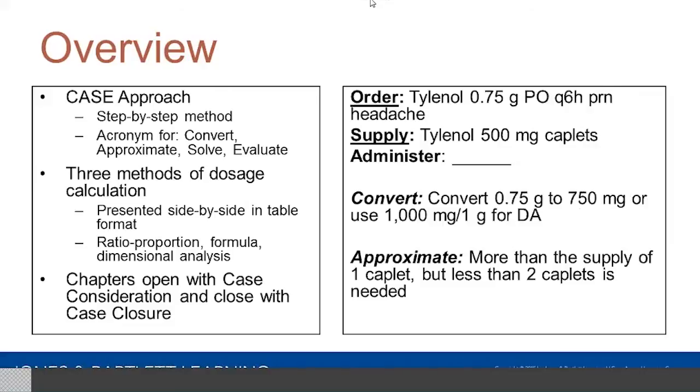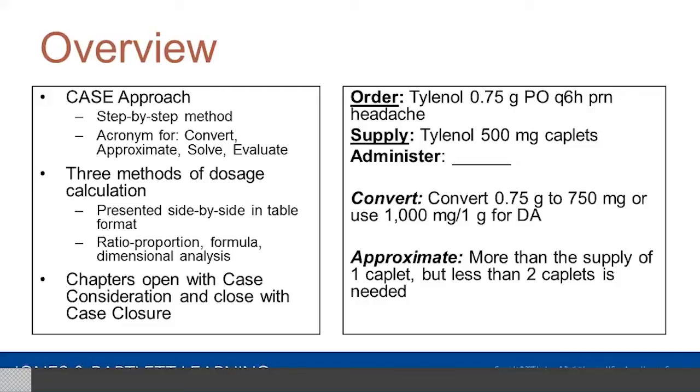The example on the right shows the convert and approximate steps for the order 0.75 grams of Tylenol to be given from a supply of 500 milligram tablets. For ratio proportion and the formula method, the student must convert 0.75 grams to 750 milligrams. For DA, they need the conversion factor of 1,000 milligrams over 1 gram.